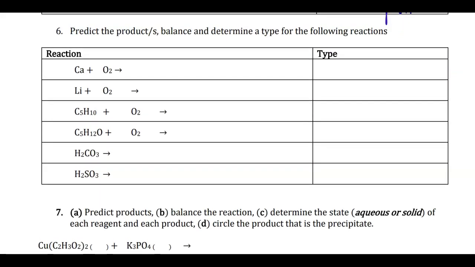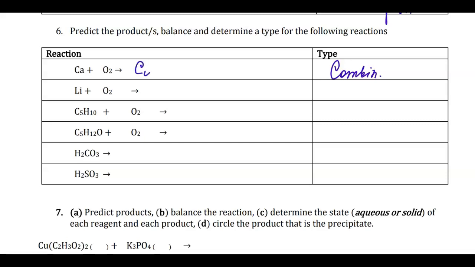So, predict the products, balance, and determine the type of the following reactions. So, this reaction is a combination reaction because two elements react with each other, and a metal and non-metal form an ionic compound.